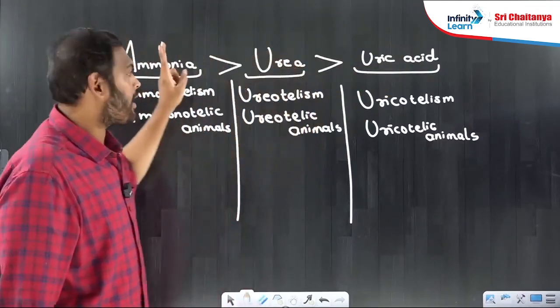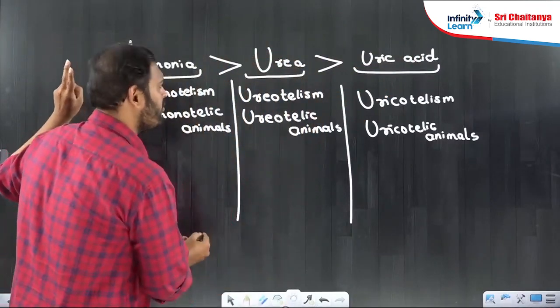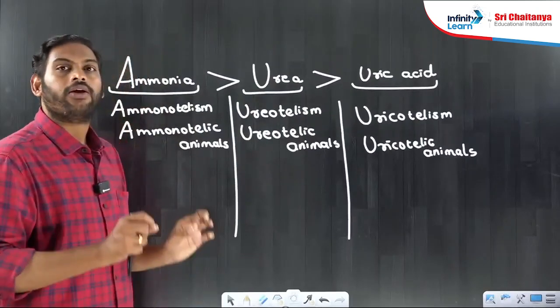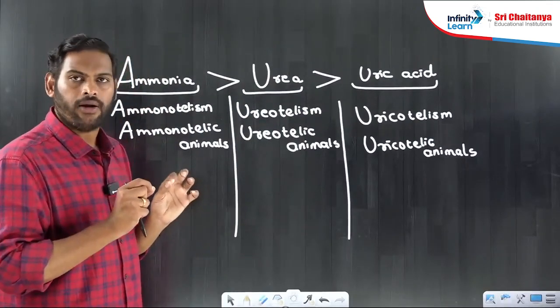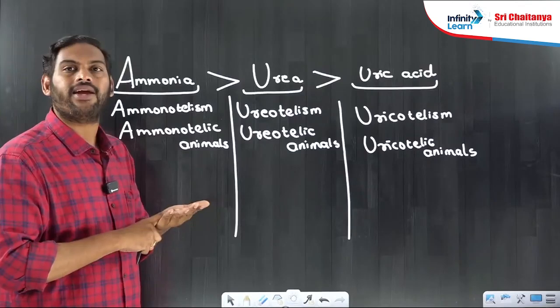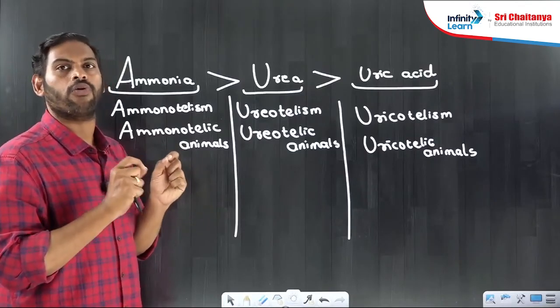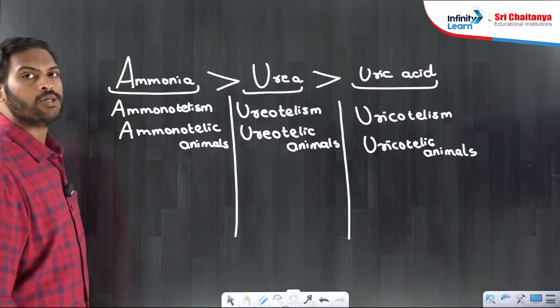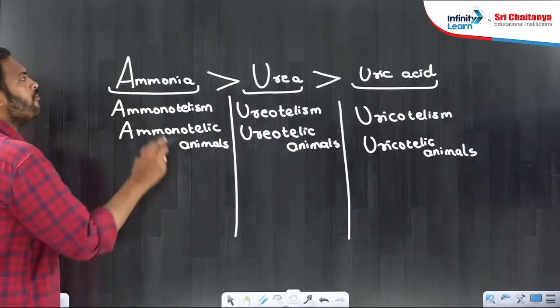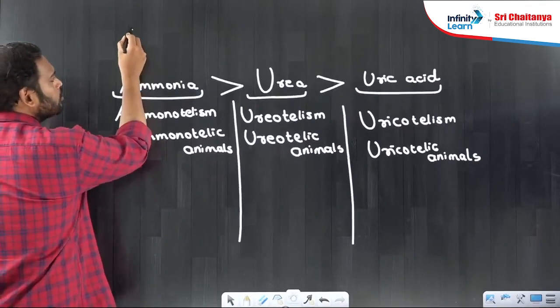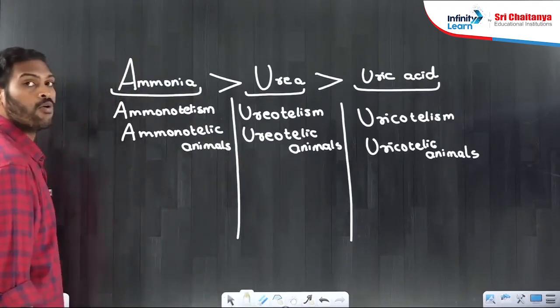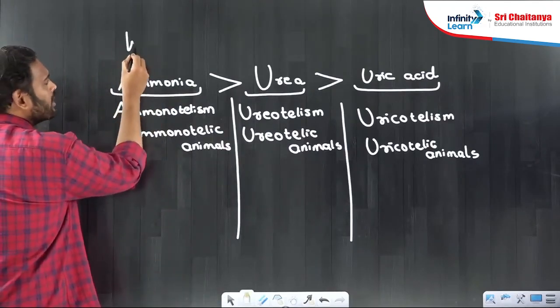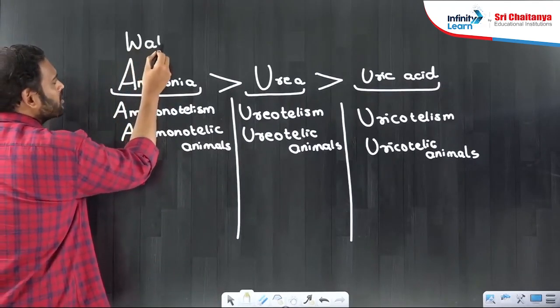Guys, as ammonia is very, very toxic, it should be diluted. To dilute, it needs a huge amount of water. So to excrete ammonia, those animals have to use a very high amount of water. As ammonia is more toxic, it needs more water to help in excretion.